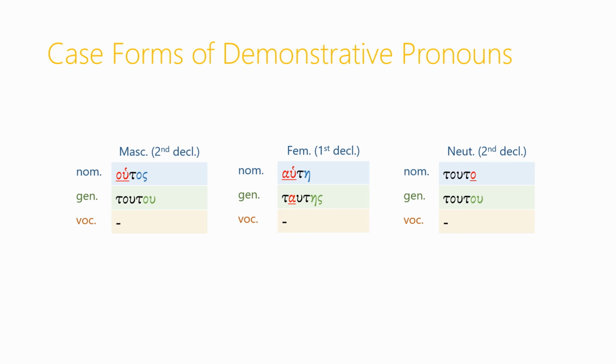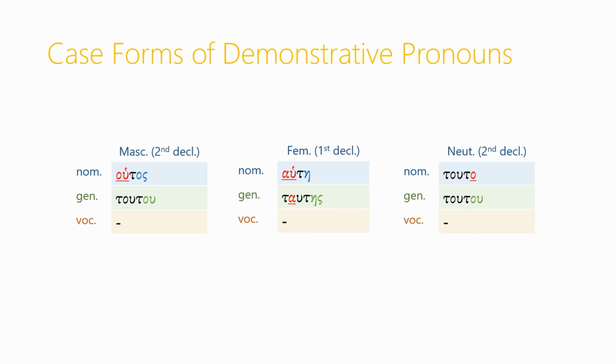But that means that once you remember this change in the stem, it's really fairly easy. All we have to do is, again, put on the same endings that we used for other kinds of nominals for the first and second declension nouns.